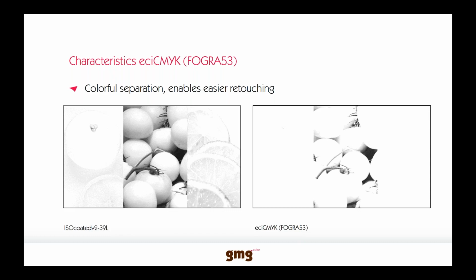So almost like RGB retouching, when you have a very colored separation, this makes it a lot easier. On the left, you see the black channel of FOGRA39. This is a very common separation, no problem with that. But of course, for retouching, colorful separation is better.